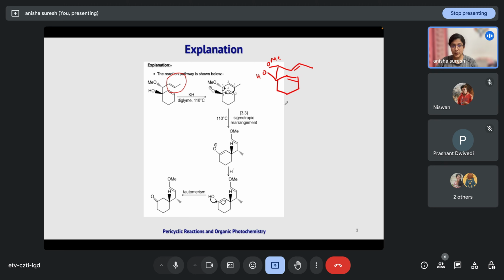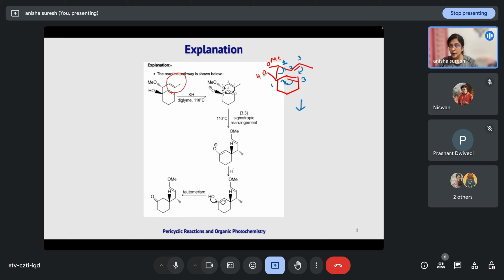Now the 3,3 sigmatropic rearrangement can take place, so the numbering will be like this: 3, 2, 1, 3, 2, 1. So the shift will be like this.